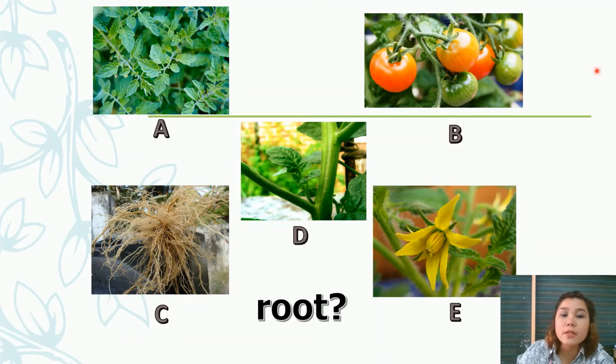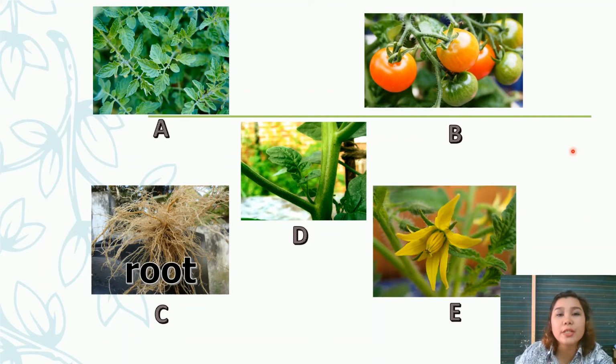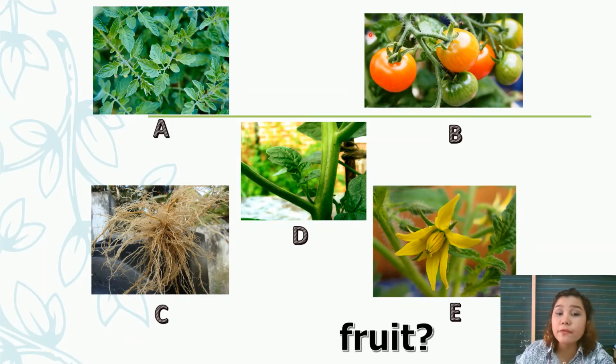So which is the root? Is it A, B, C, D, or E? Among the pictures, the root is, okay, letter C. Okay, next one. Which is the fruit? So ano doon? Alin dyan ang picture ng fruit?